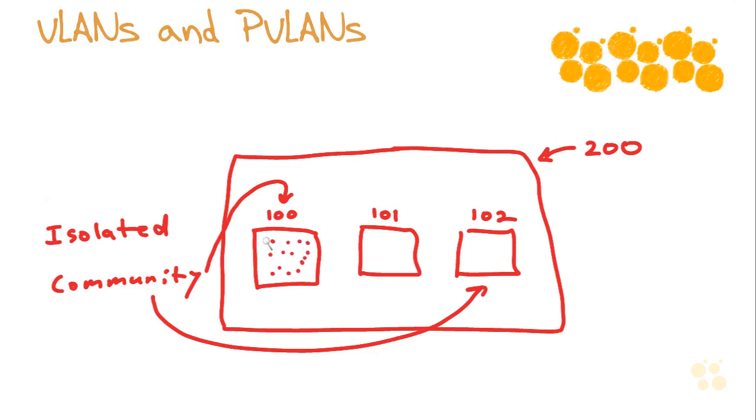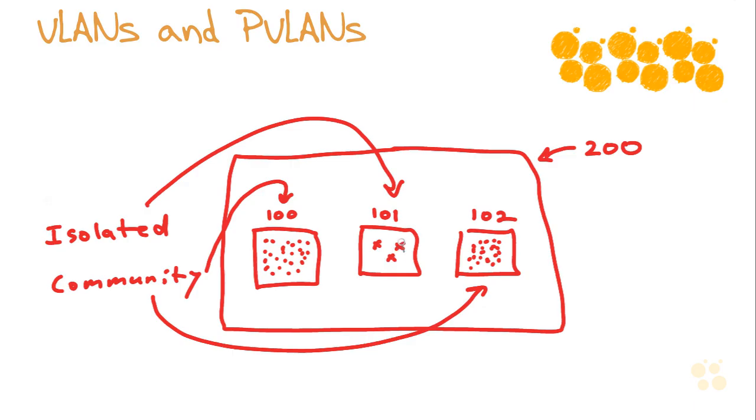Everybody within this particular sub-VLAN can communicate with each other. Everyone in 102 can communicate with each other. But notice 100 cannot communicate with 102 and vice versa. We go ahead and we make 101 an isolated VLAN.